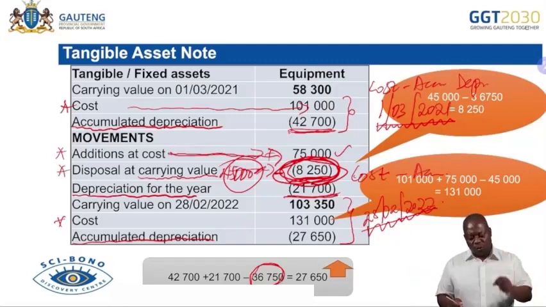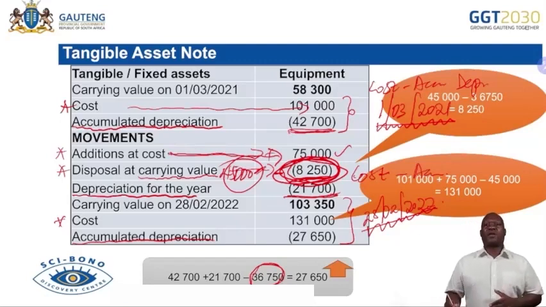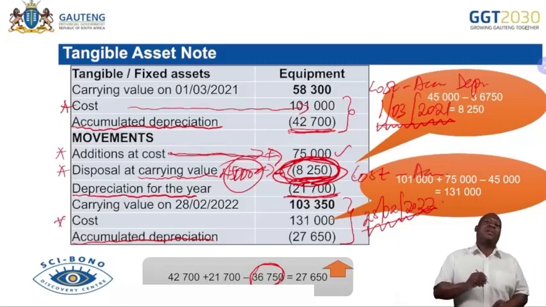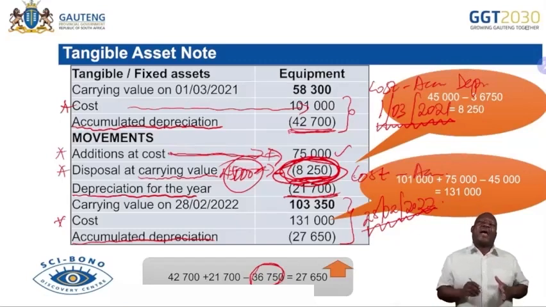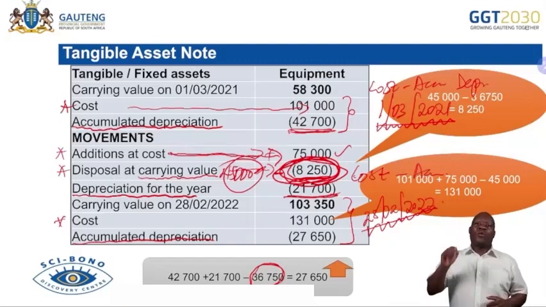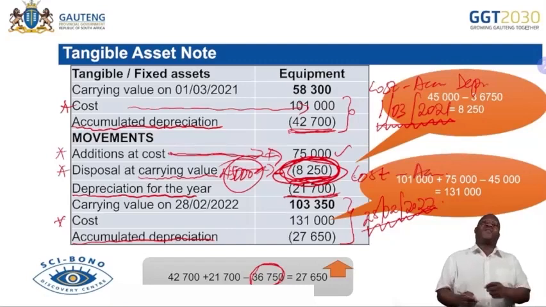We are not going to use 8,250, the carrying value. We are going to use the accumulated depreciation that resulted in that carrying value. Because we are dealing with accumulated depreciation, we use accumulated depreciation to find accumulated depreciation. We use cost price to find the cost price. Very important.